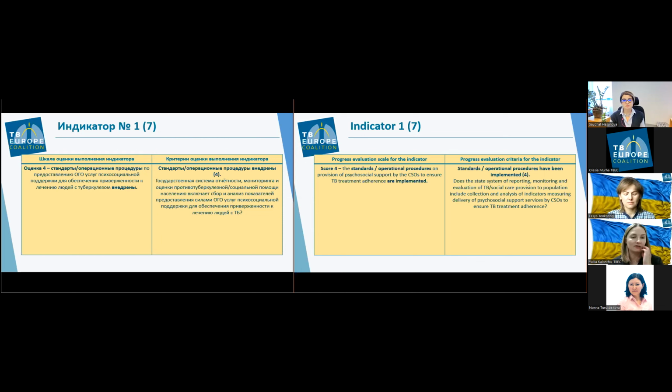Look, we will not have 1.5 or 2. The indicator reads the number of countries. So these scores 1, 2, 3, or 4 will be related to whether the program or standards are implemented or not. So I'm talking about two hypothetical countries.